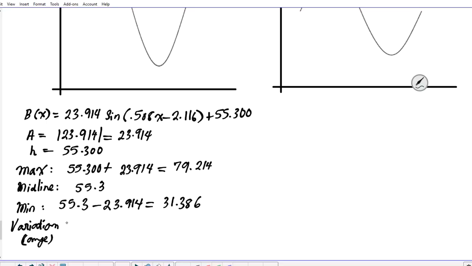Your variation is basically your max minus your min. Okay, so your max is 79.214 minus your min, which is 31.386. You have a range of 47.828. All right, so what on earth do all these values mean graphically?